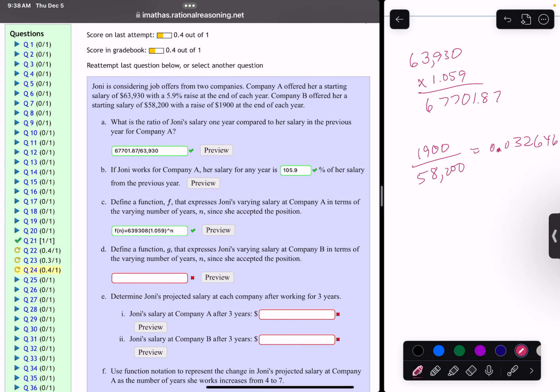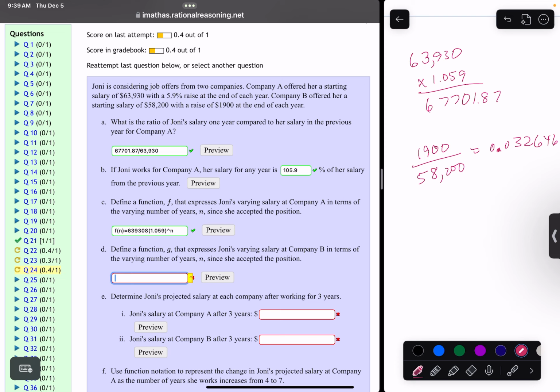Now we've moved on to Company B in Part D. It says define a function g that expresses Joni's varying salary at Company B in terms of the varying number of years. Now, we could just make this one a linear function. We don't have to use that percentage since it's so funky. So we know it's going to go up $1,900 every year.